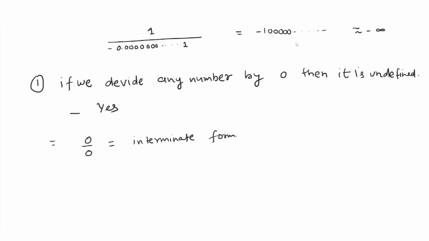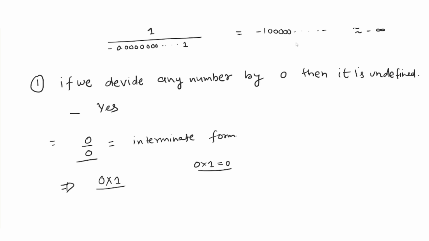Like here 0 by 0 is an indeterminate form, and it should have some value. If we multiply 0 by 1, it is 0, so we can write 0 as 0 multiplied by 1.